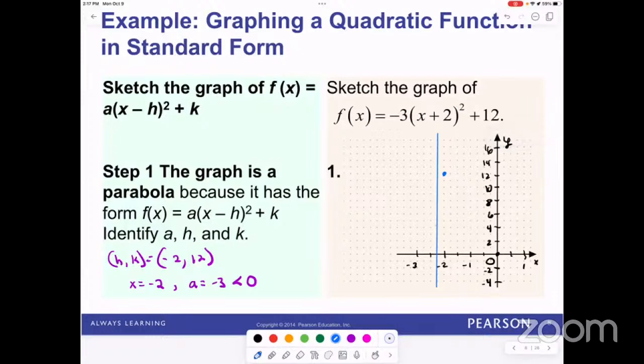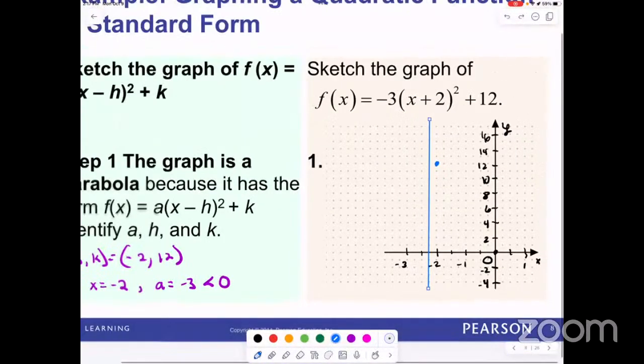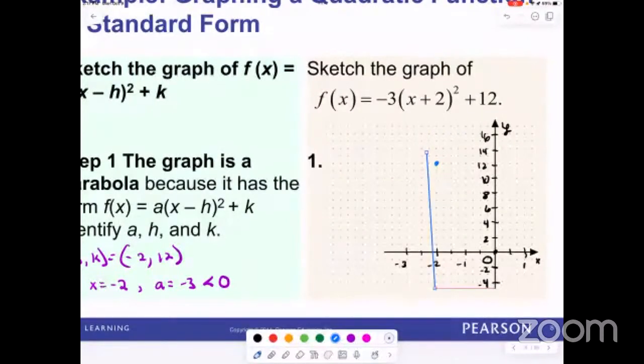There it is. Man, it is giving me such a hard time today. It's not working either. Let's go paper. Let's turn it off right now.